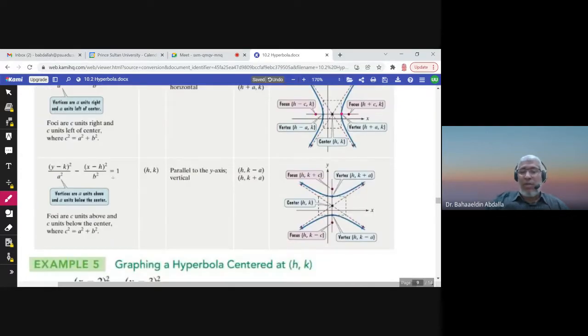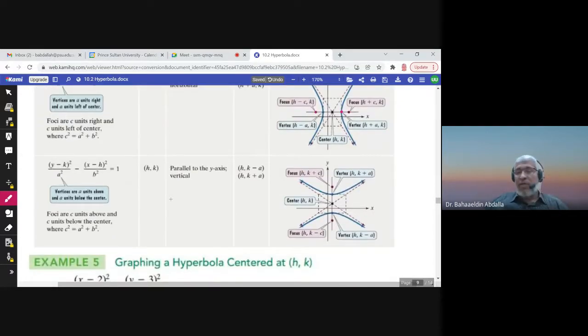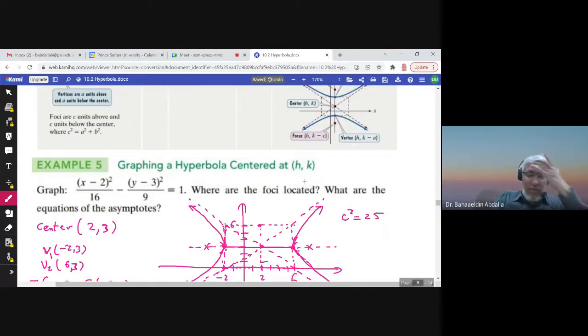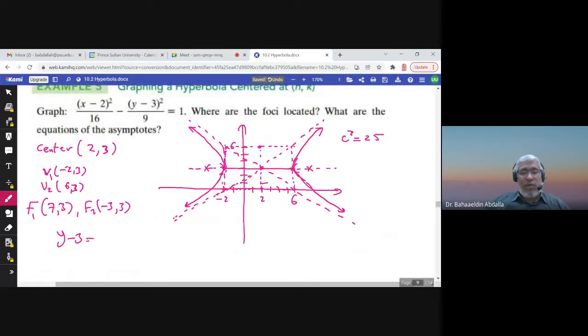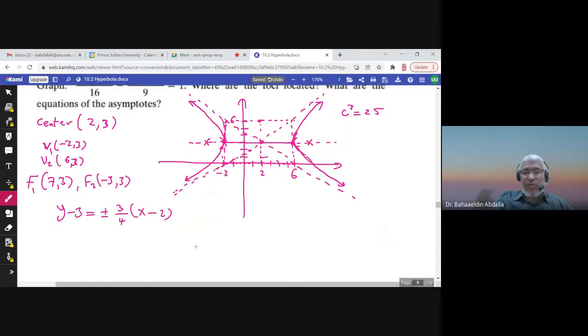Here it would be y minus k equals plus or minus, below y I have a squared, so a over b times (x minus h). So y minus 3 equals plus or minus, below y 9, so 3 over 4, square root of 16, times (x minus 2). These two equations are the equations of the asymptotes.